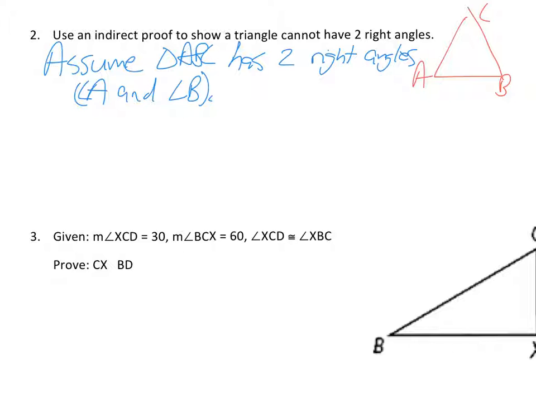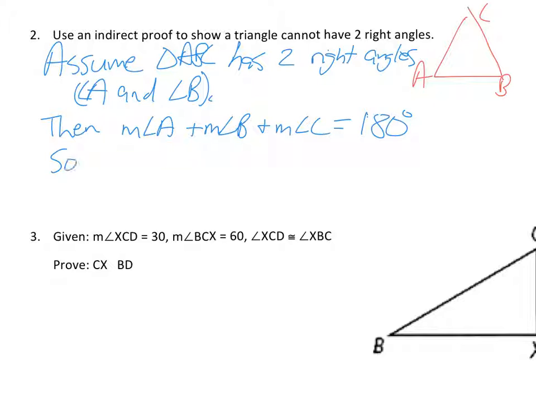Well, we know that in a triangle, the measure of angle A plus the measure of angle B plus the measure of angle C has to equal 180 degrees. And if we have two right angles already, we could say, 90 plus 90 plus the measure of angle C has to equal 180.